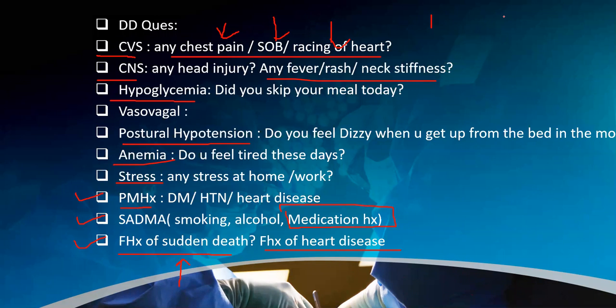Now, if you get any positive signs or symptoms, you still have to ask the differential diagnosis.